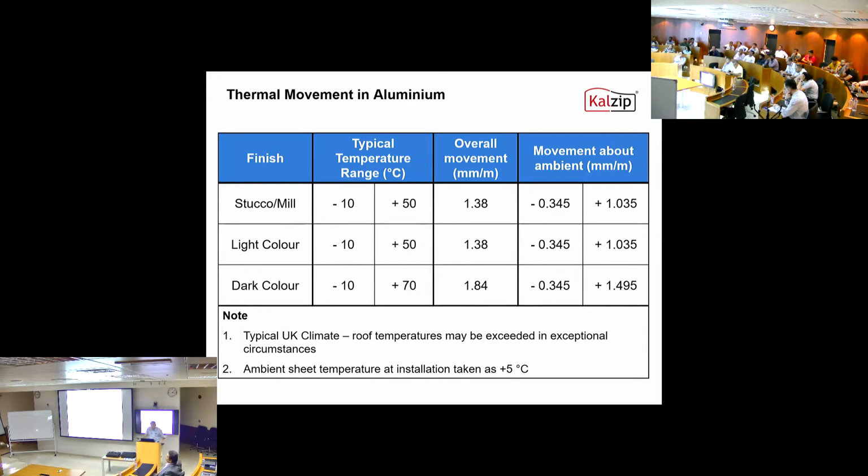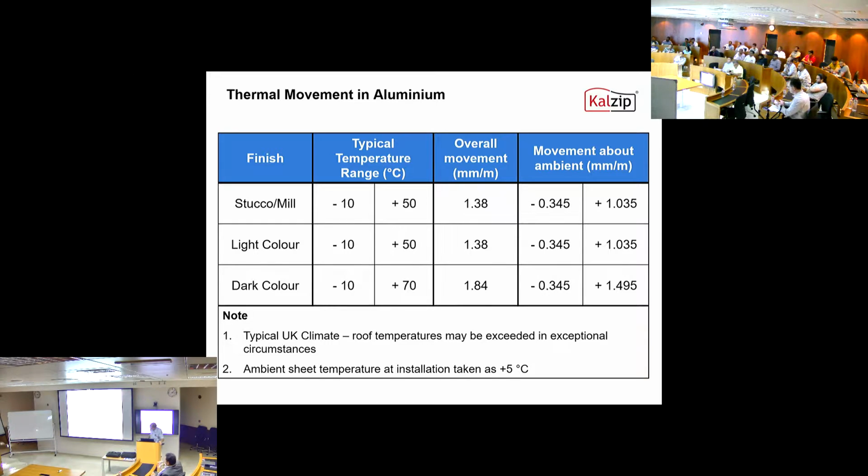These will be roll formed, so the coils will go to site and produce the sheets on site. Because we introduce a fixed point to control the thermal movement, we have to look at the forces generated when the aluminium expands and contracts. This is some work we've done at a certified test centre.